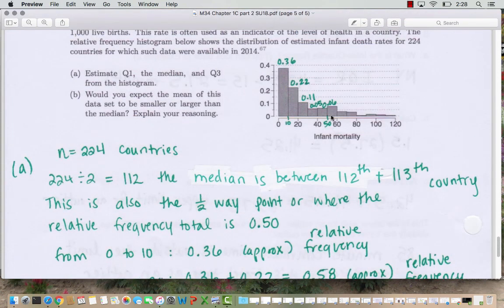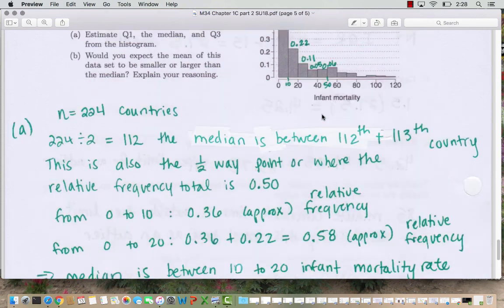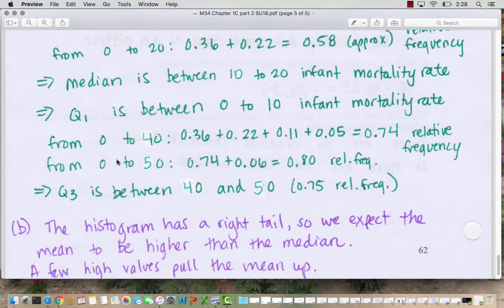All right, well, from 40 to 50, I estimated that to be about 0.06. So then we can say from 0 to 50 infant mortality rate, 0.74 plus 0.06 is 0.80 relative frequency. So quartile 3, 75% of the way through, would be 0.75 relative frequency.